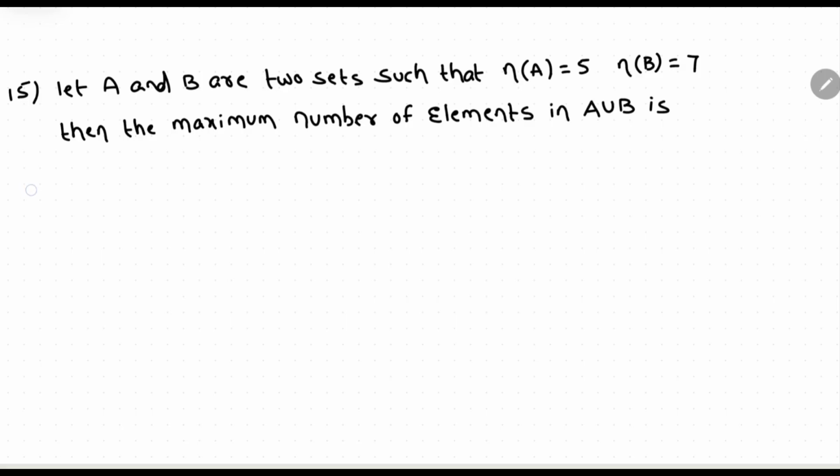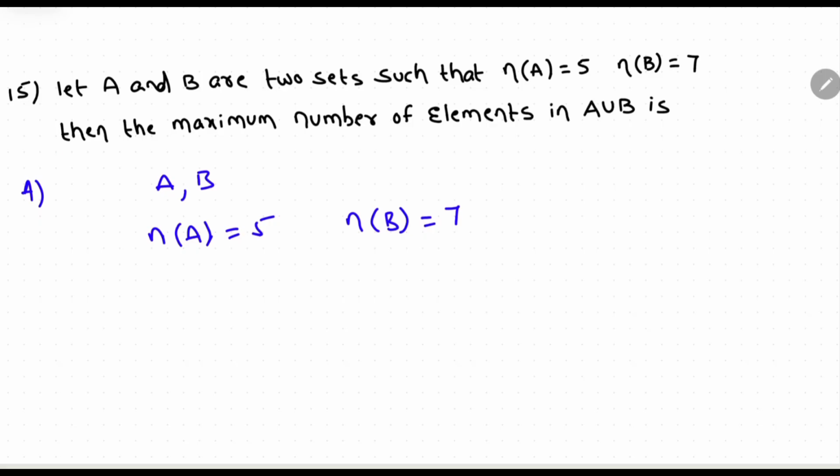Here A comma B are any two sets. Here n of A equals 5, n of B equals 7.